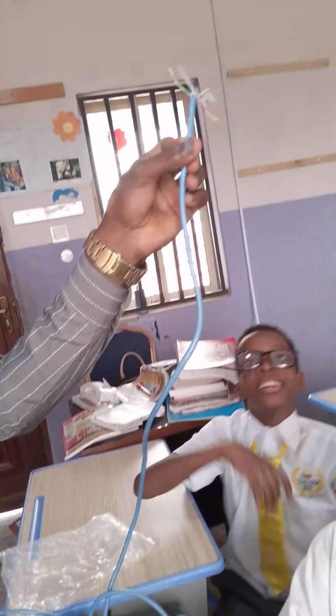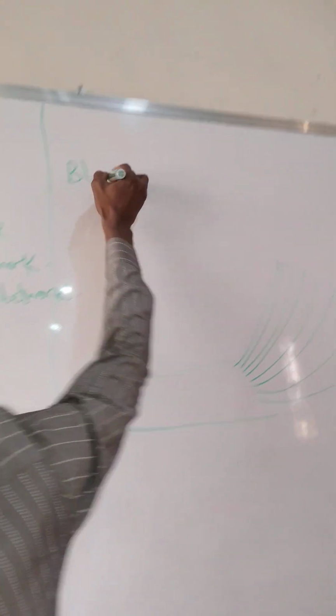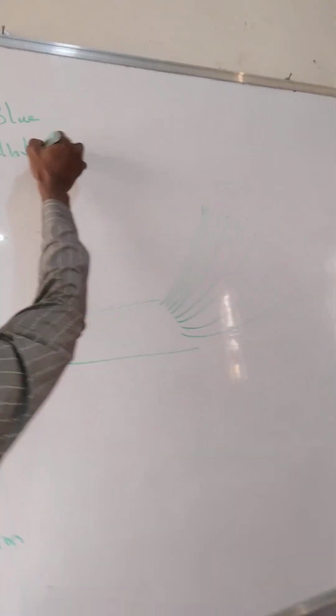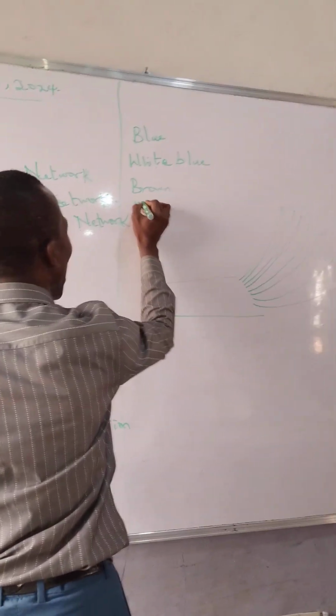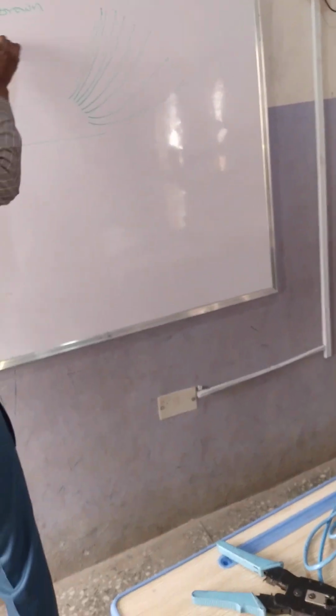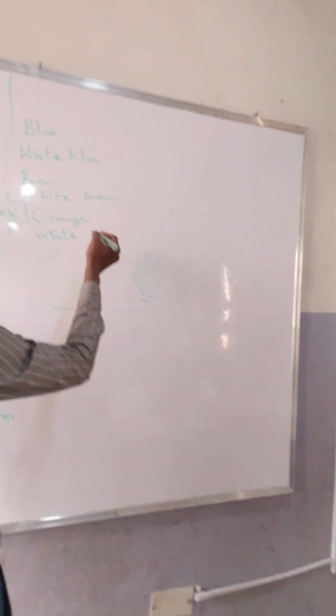So on the pair wires, you have the following colors: blue, white blue, brown, white brown, orange, white orange.